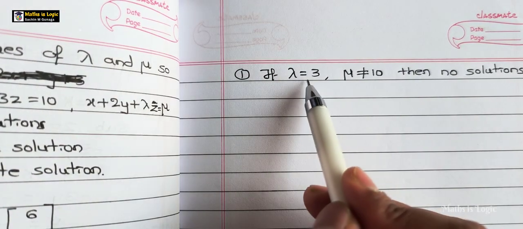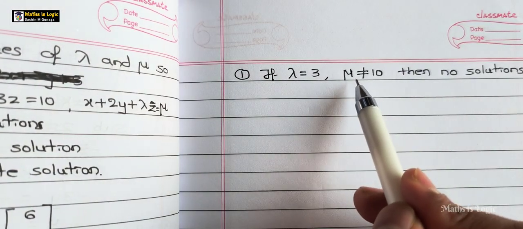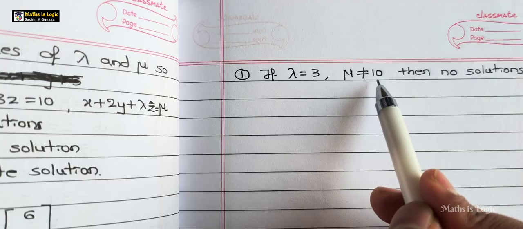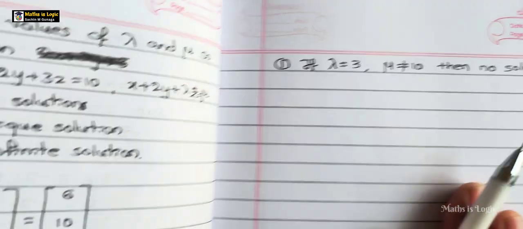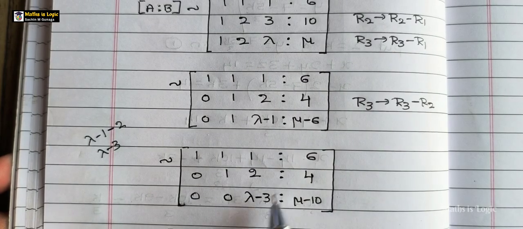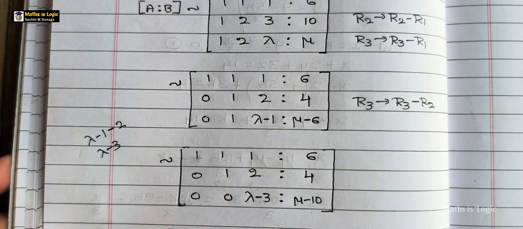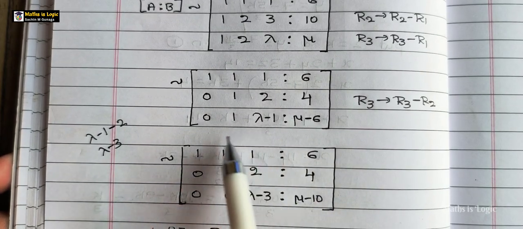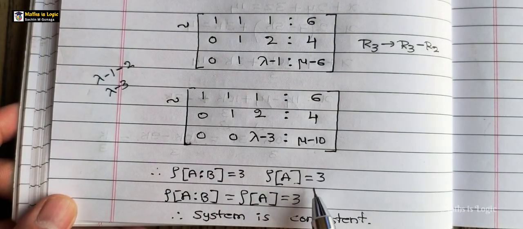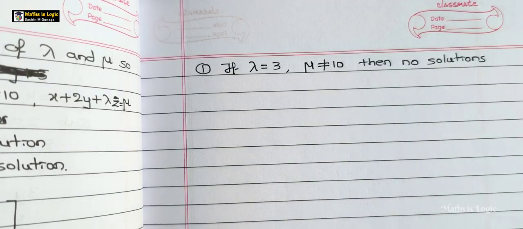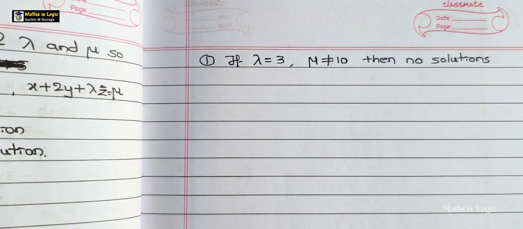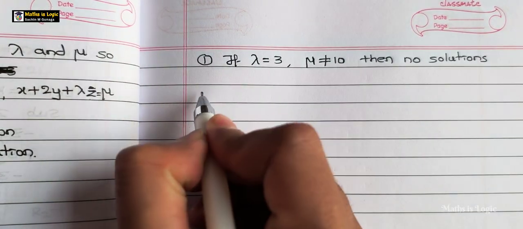Because we are taking lambda value 3, but we are not taking mu value 10, some other value. So rank of augmented matrix becomes 3, and rank of coefficient matrix A becomes 2. So 3 is not equal to 2 means it has no solutions.